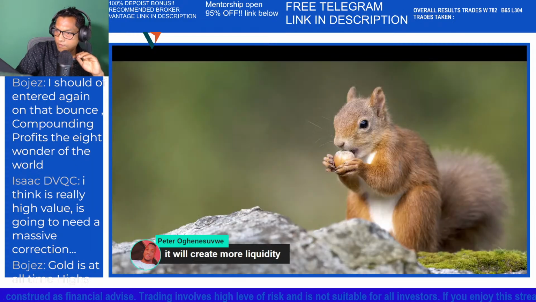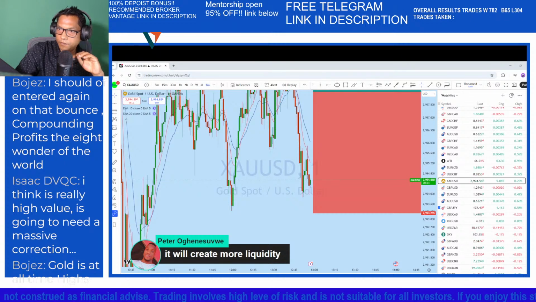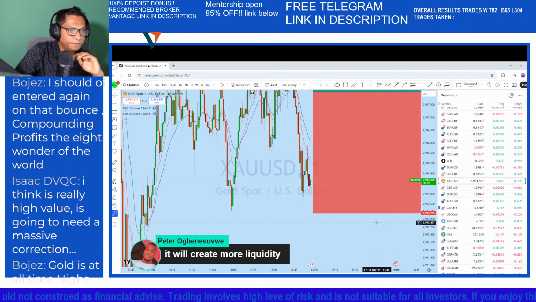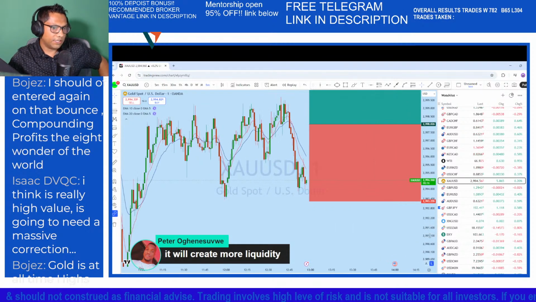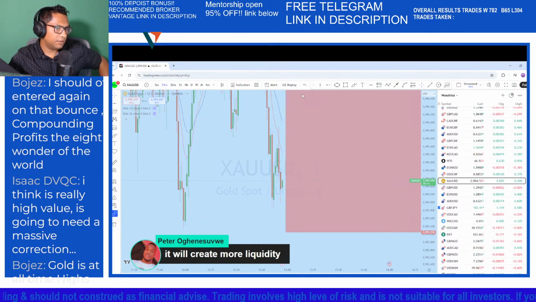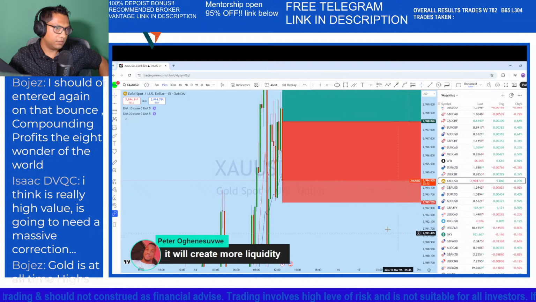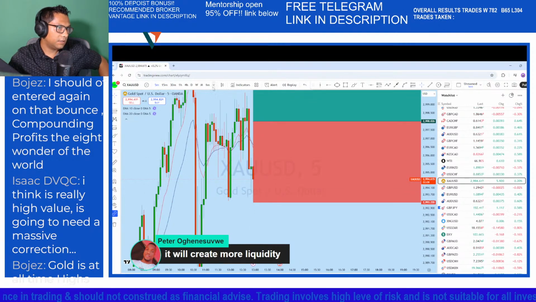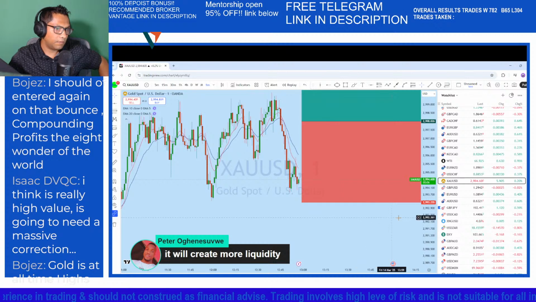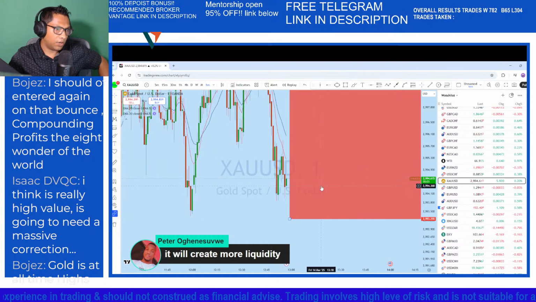Now you can see that in this area, this is a narrower candle, and it's the last narrow candle formation.